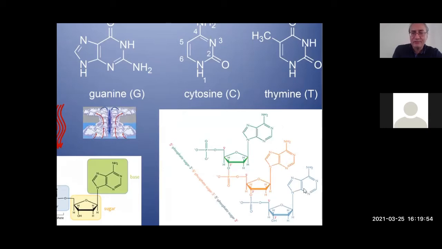Well, as I mentioned also in the last class, the nucleic acids or the bases have what is called a conical intersection, which means that they dissipate the excited electronic energy into heat extremely rapidly, on the order of 10 to the minus 12 seconds, picoseconds.